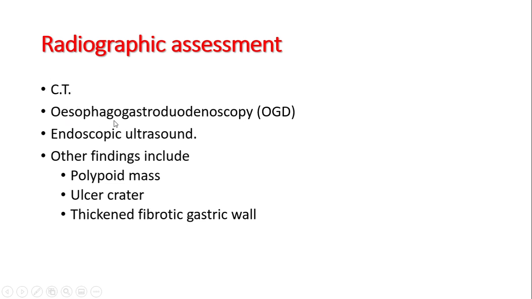OGD, esophagogastroduodenoscopy, is very helpful with biopsy taking, and endoscopic ultrasound. Endoscopy findings include polypoid mass, irregular ulcer, thickened wall, and so on, and obstruction in the gastric outlet or inlet.